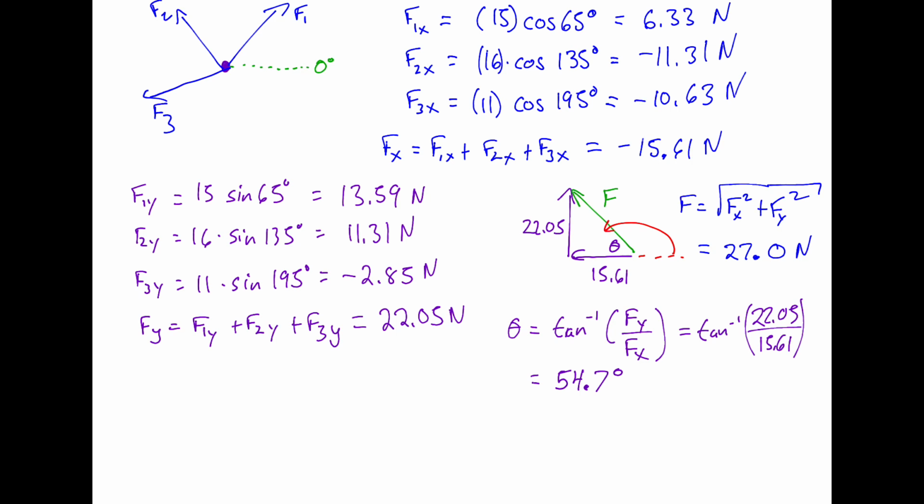So to get that final angle, we'll call that red theta. So red theta is going to be 180 degrees minus 54.7 degrees. That should be 125.3.